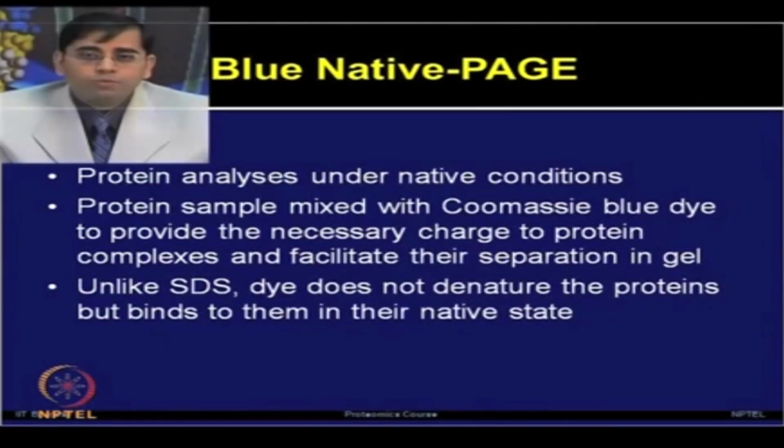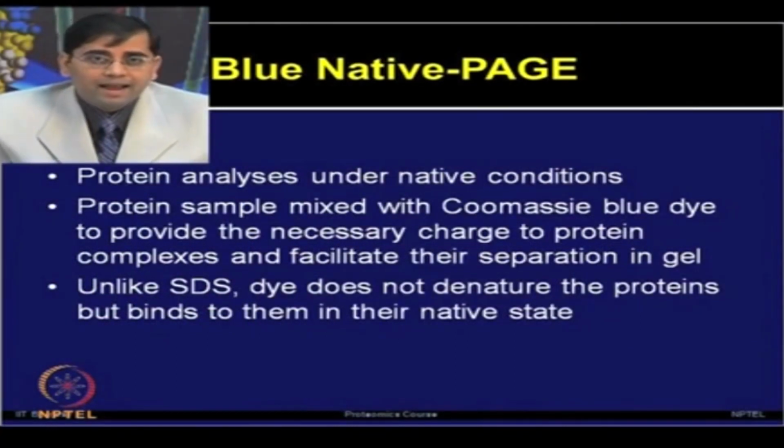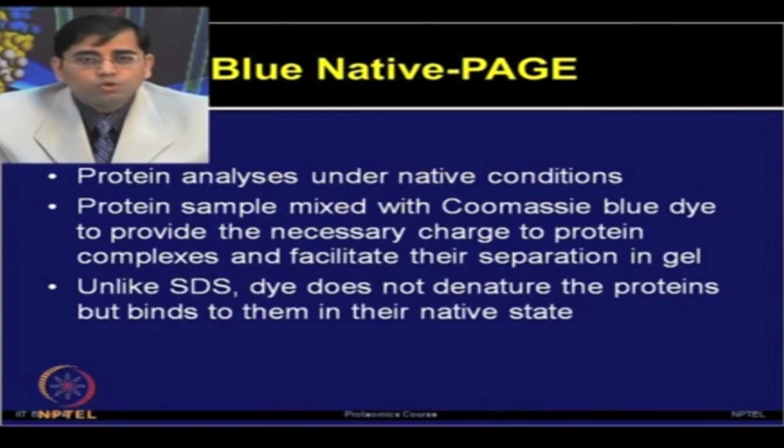Here, you are not going to boil your protein sample with SDS and provide different types of denaturing conditions. So, you add to the sample Coomassie dye, which provides the necessary charge required for protein complexes to separate in the gel. But as I mentioned, unlike SDS, this dye will not denature the proteins, but it will bind in their native state itself.